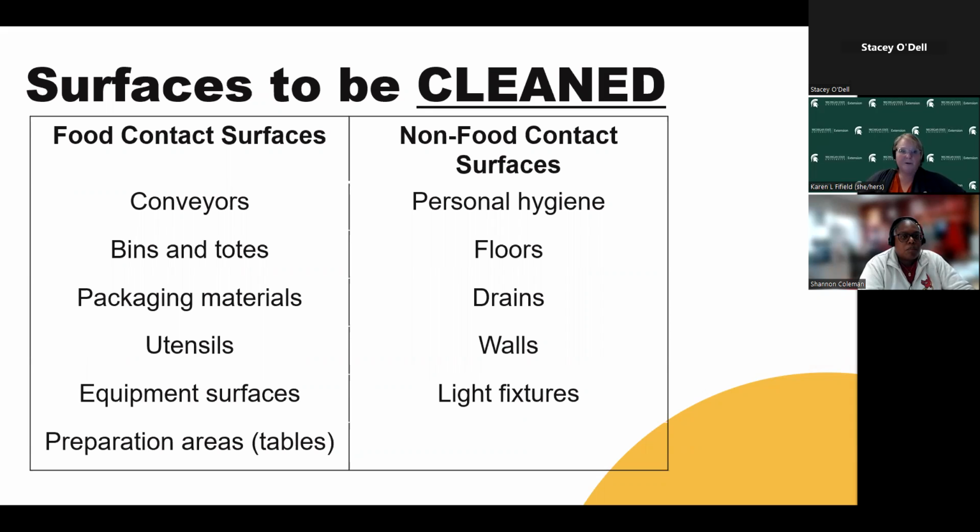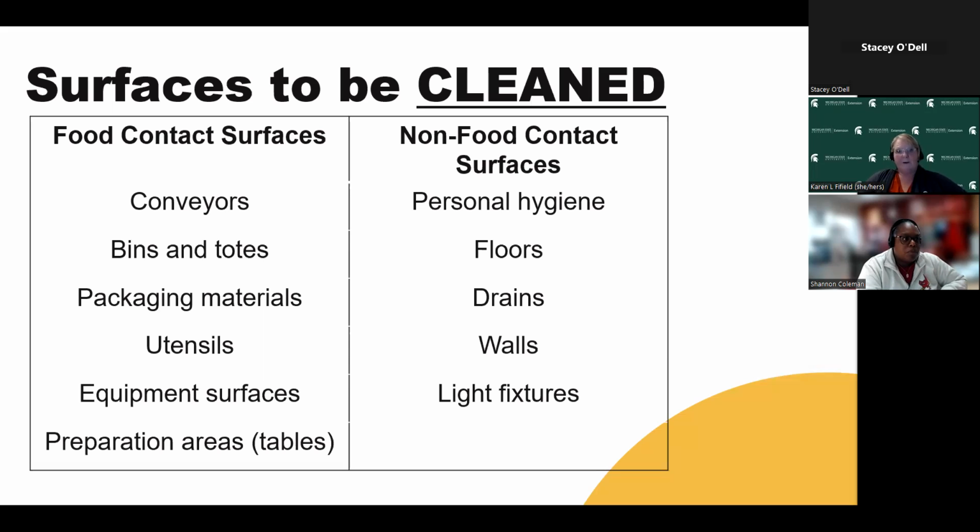It is important to note what type of food contact or non-contact surface it is, as the type of cleaner that you use will depend on it. So depending on what that surface is, whether it's food contact or not, depends on the kind of cleaner that you will be using.